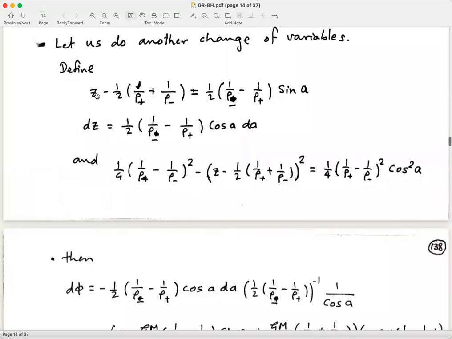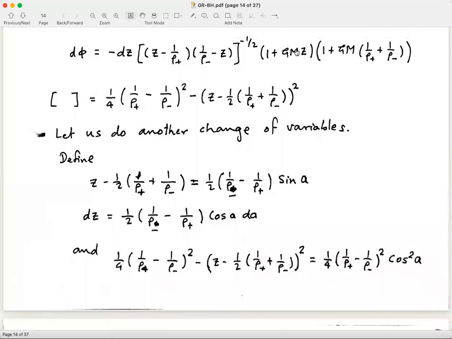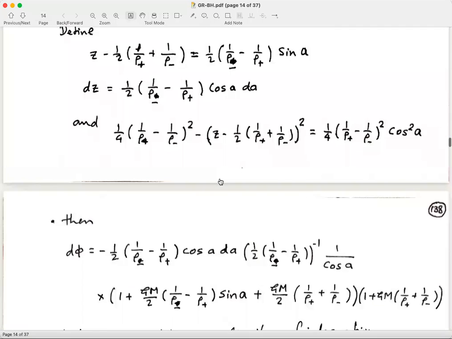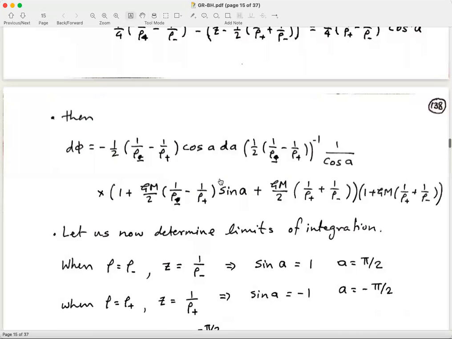Z, of course, is not a very simple variable because it is this function plus half of 1 over rho plus 1 over rho minus. Okay, so when you substitute that in gmz, you get two terms, but that's not very complicated because one of the terms is just a constant, the other term is sine a, and therefore it should be possible to integrate.